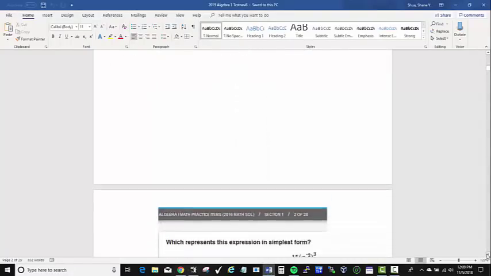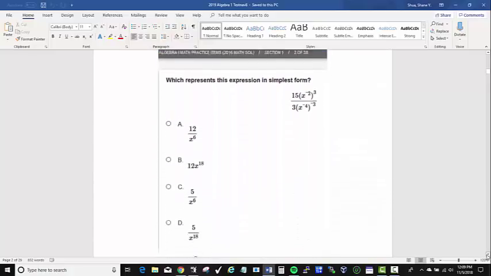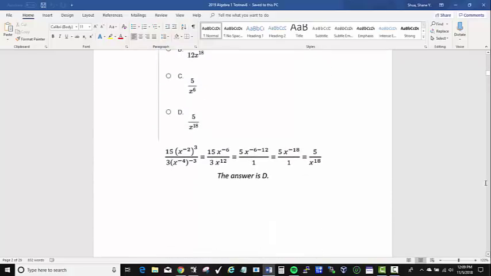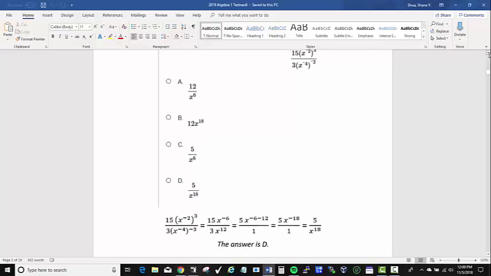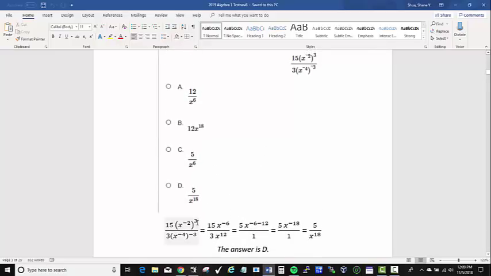What we'll do here: 15 times x to the -3... If we multiply these two exponents, that's simply going to become 15 times x to the -6. If we multiply these two here, that's just going to be 3 times x to the 12.